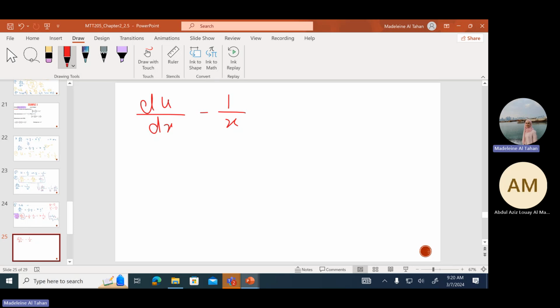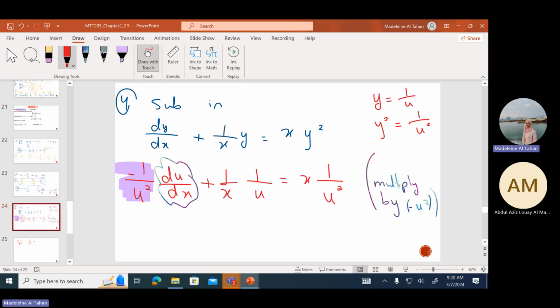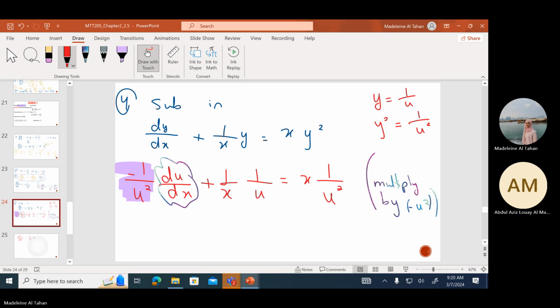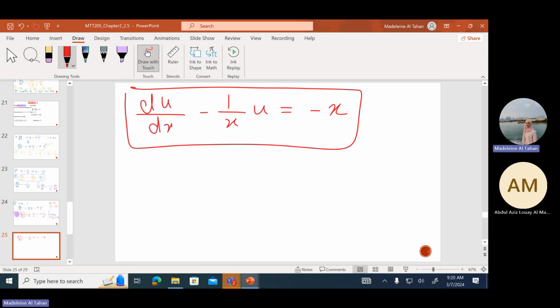But we have 1 over u multiplied by u squared, which is u squared over u, so u, not u cubed. Then x over u squared times negative u squared is negative x.